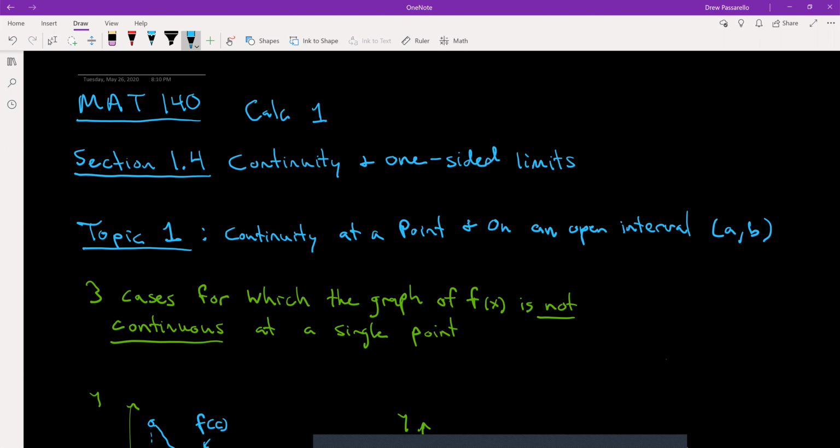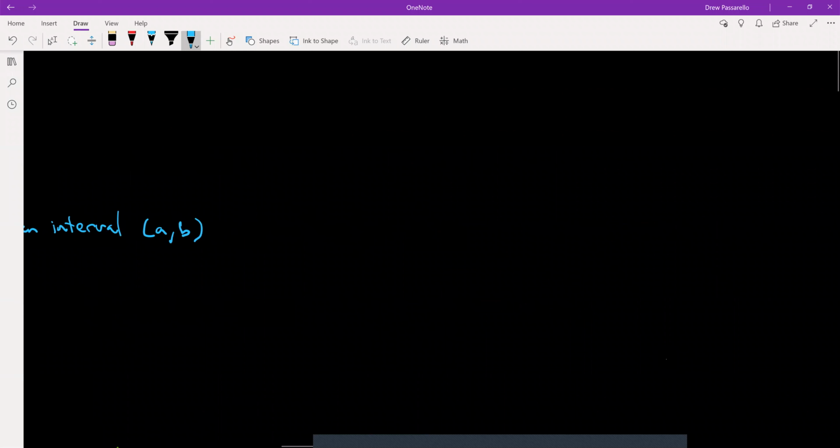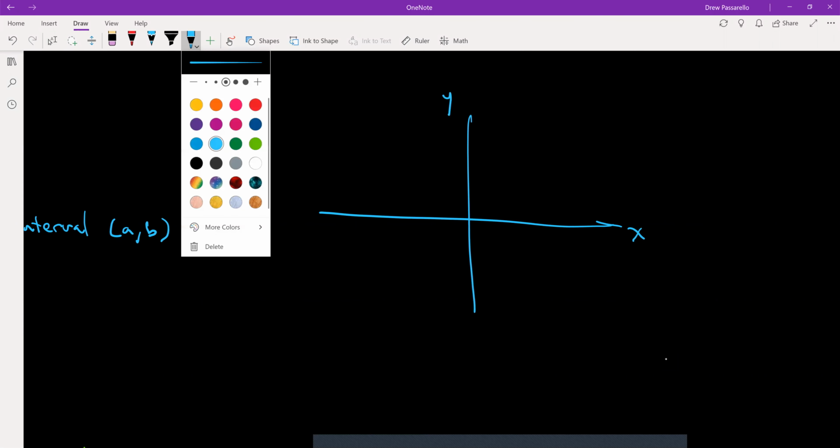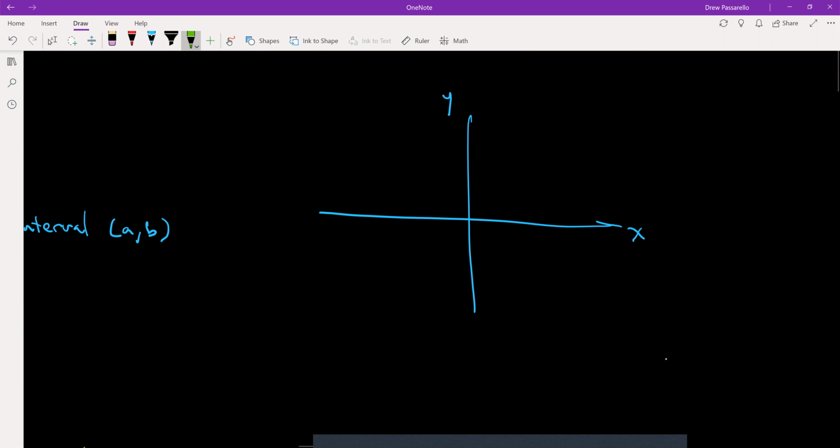So before I go into details, what does it mean for a function to be continuous? So imagine this is the x-axis, and we have the y-axis, and then I have a function that looks like the following. And I can keep going like this forever. And notice there's no breaks in the graph.